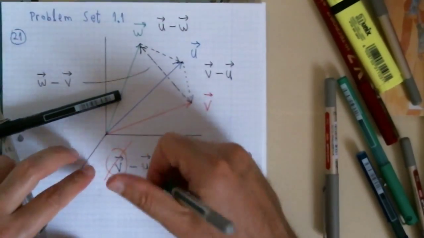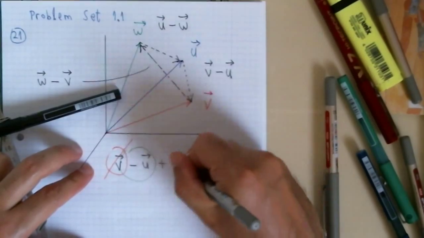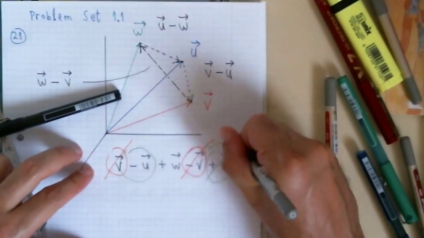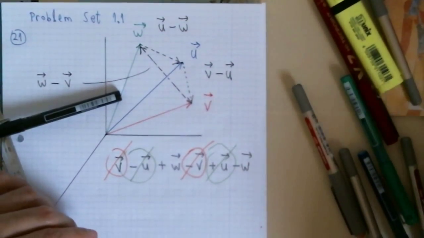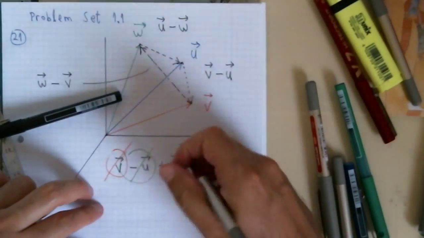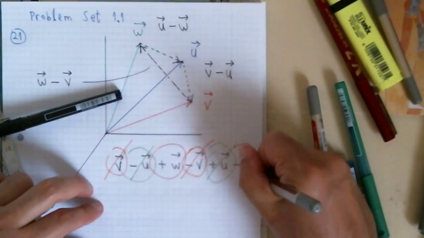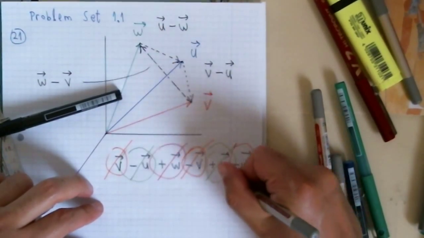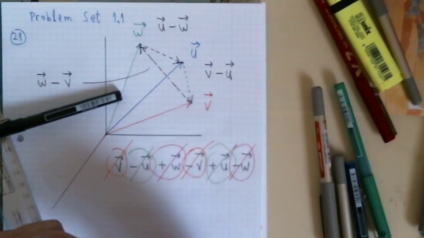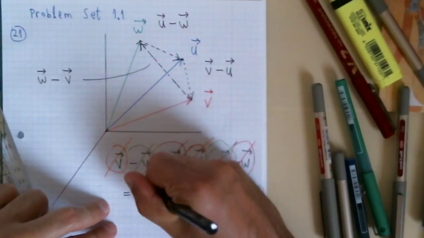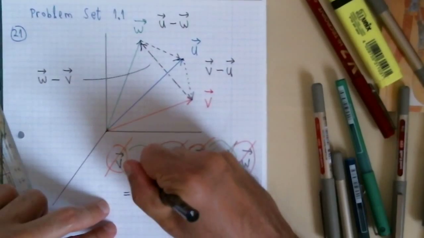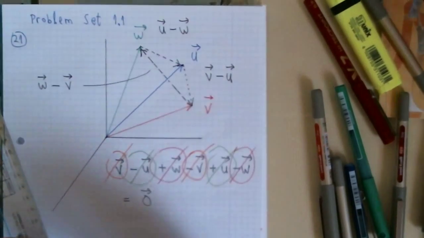Minus u and u cancel each other, and w and minus w cancel each other. So we are left with nothing. So all this equals 0, the 0 vector, because we are adding vectors.